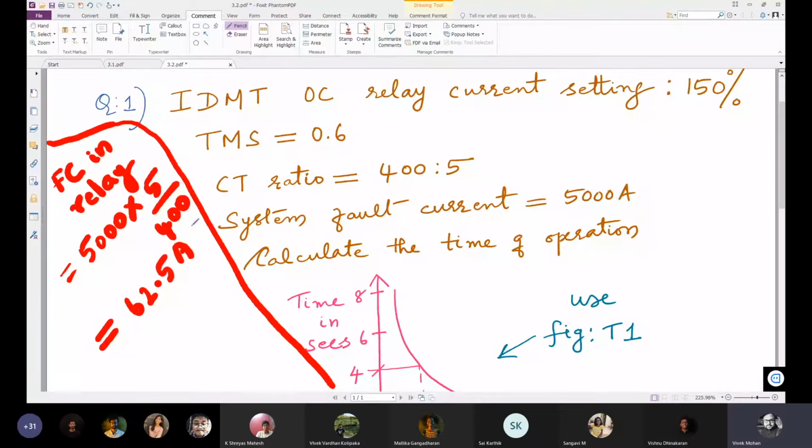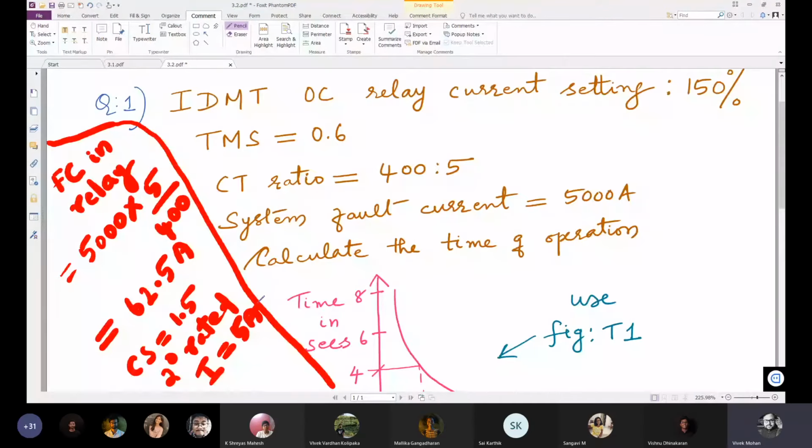Now this 62.5, what is the secondary rated current of CT? Secondary rated current is 5. Then what is the current setting? 1.5. So the current setting is equal to 1.5, and the secondary rated current equals 5 amps.